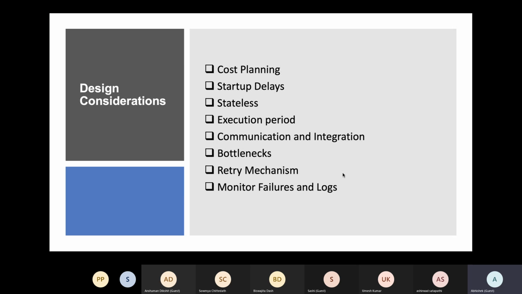When the next person tries to do a payment, it will take some time for the Azure function to come up, and by the time it comes up, your gateway will time out. So you fail in that area; you are unable to do the payment processing. That's an example of why startup delays matter. Any queries here on startup delays, guys?